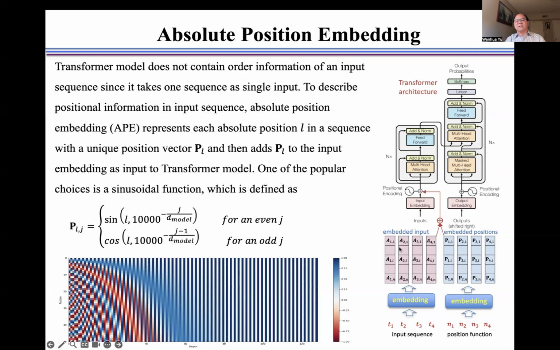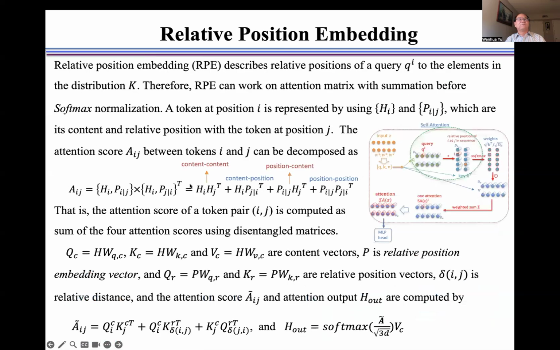After embedding, we get the embedded input and the embedded positions, and then we put them together as the input to the transformer. One of the popular choices is a sinusoidal function, which is defined as here. This is a 2D distribution.